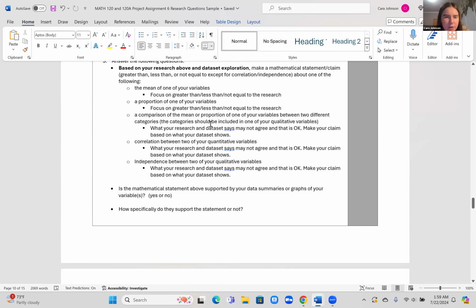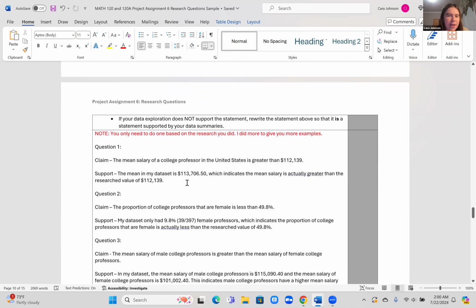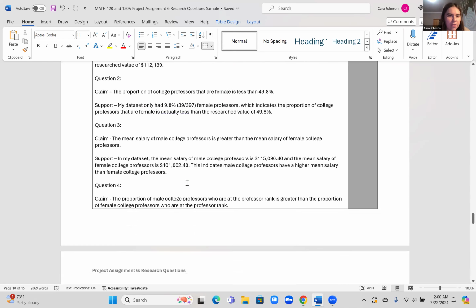But for the others, where you're comparing a mean or proportion between two categories or doing correlation or independence, focus on what your data set is showing, even if it's different than the research. That's what your claim is going to be based off of. And like I said, use what I have here as examples if you're confused on how to write your claim.